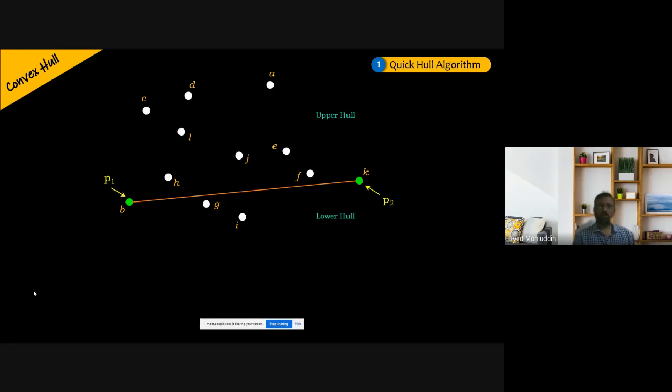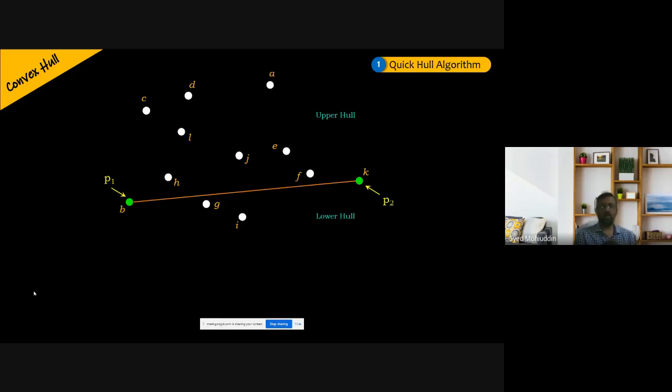Sometimes they are also called the right hull and left hull. So the upper hull is considered the left hull, and the lower hull is considered the right hull. Now, this word hull comes from convex hull. When we divide into upper hull and lower hull, every time we will be taking 2 points and dividing. So let us look at how this is solved.